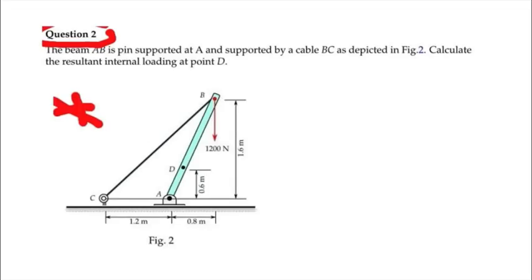Let's take a look at an example of how we are going to use a free body diagram to solve a simple structural problem. In this question, it says the beam AB is pin supported at A. So we have beam AB, which is the green colored beam.